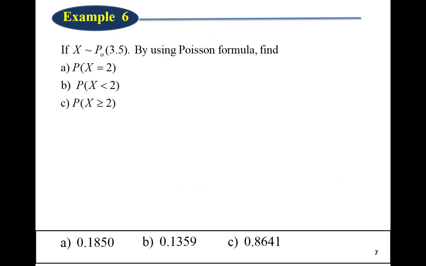Example 6, we are going to find the probability using the formula. X distributed Po(3.5). The lambda here is 3.5.